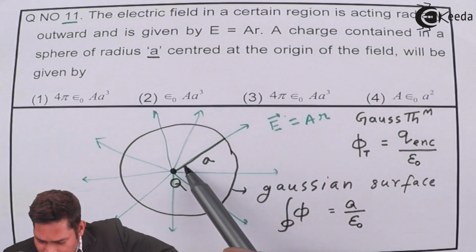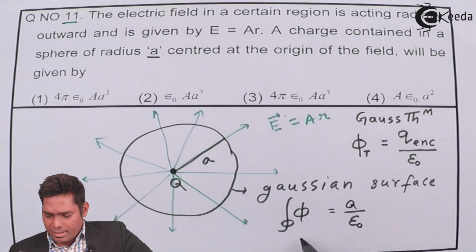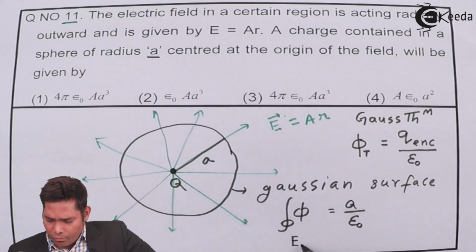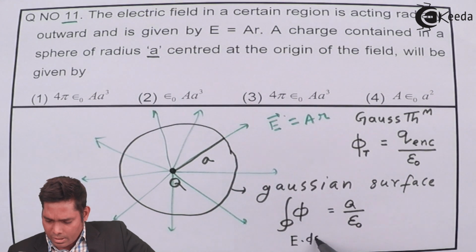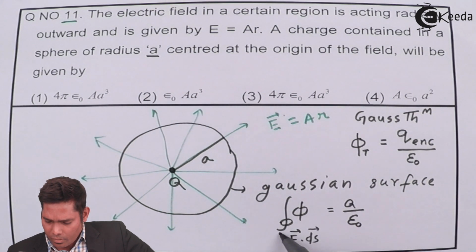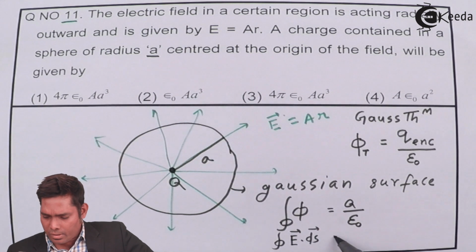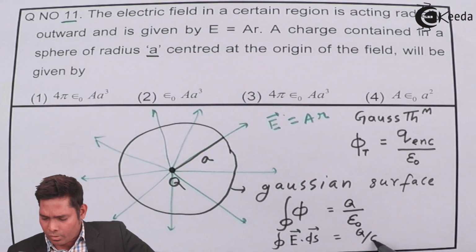And what is that flux? Flux is the dot product, E dot ds, over the closed surface, equal to Q upon epsilon naught.